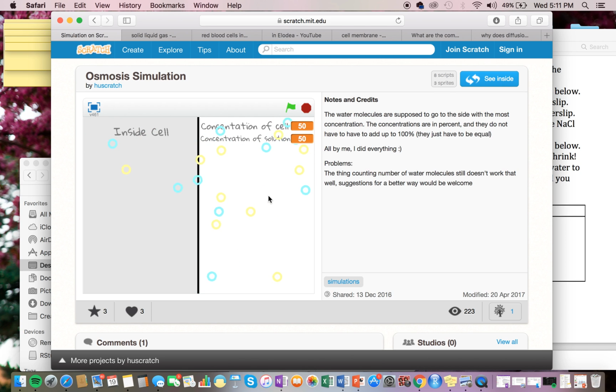If you're moving things around, over time they're going to become pretty equally distributed, and you'll note that sometimes this reads 50-50. Because the salt can't move in and out of the cell, and the water is the only thing that can move, it's going to tend to equally distribute in terms of concentration. So you can watch this for a bit and kind of see how that works.